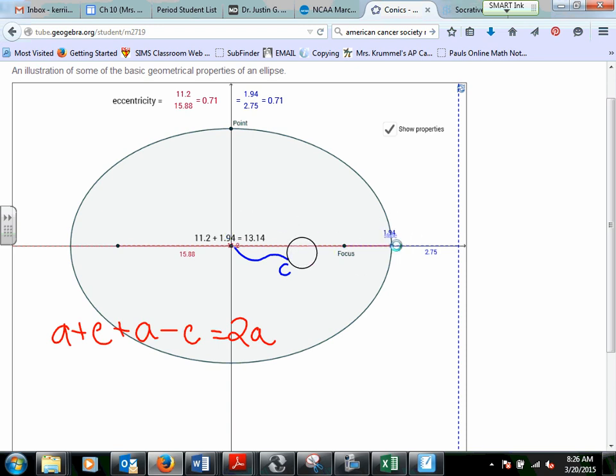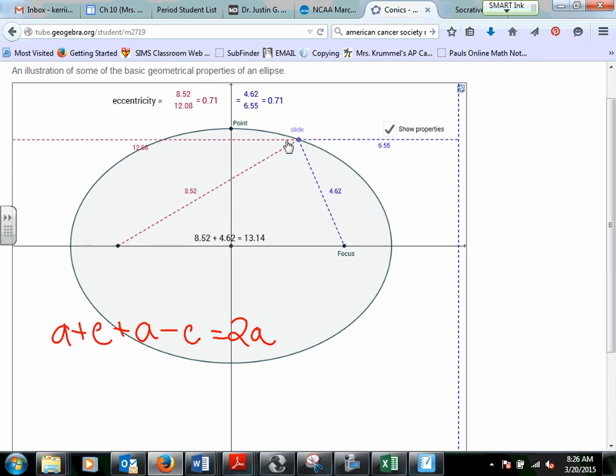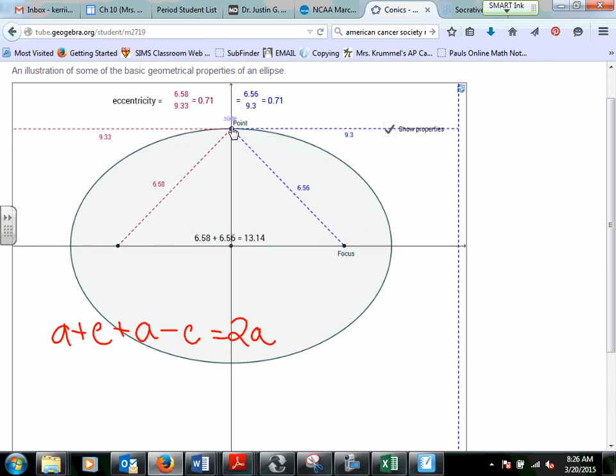Now, I'm going to move this point so that we are making a right angle here. What's the distance from here to here? C. What's the distance from here to here?